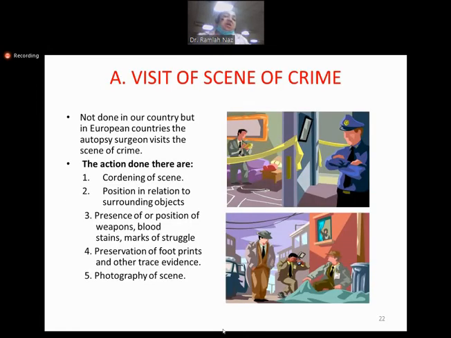So, visit to the crime scene. This is not being done, unfortunately, in our part of the world, like in Pakistan. Even in India and Bangladesh, they are doing this job. Their experts go to the crime scene and look for it, because whatever you see, you never forget. This is the basic concept.